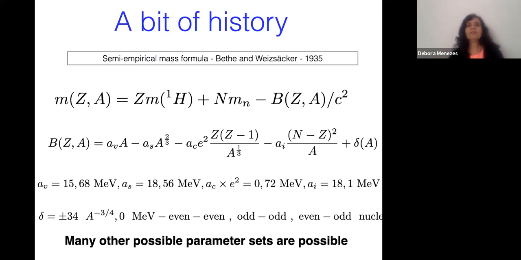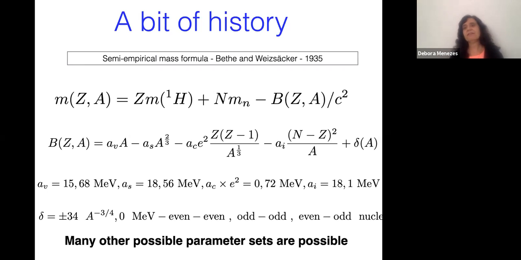So in terms of this, we can describe the binding energy, and we can describe the profile of the neutron and proton densities inside the nucleus. In 1935, Bethe and Weizsäcker proposed the semi-empirical mass formula.